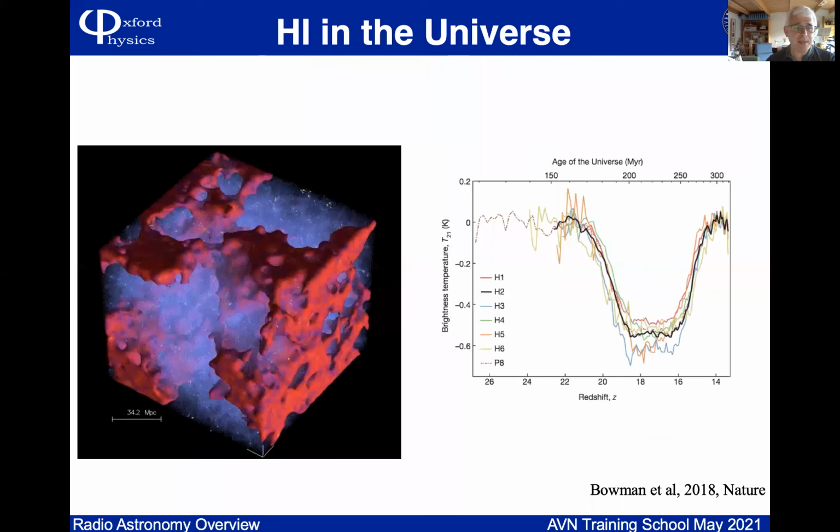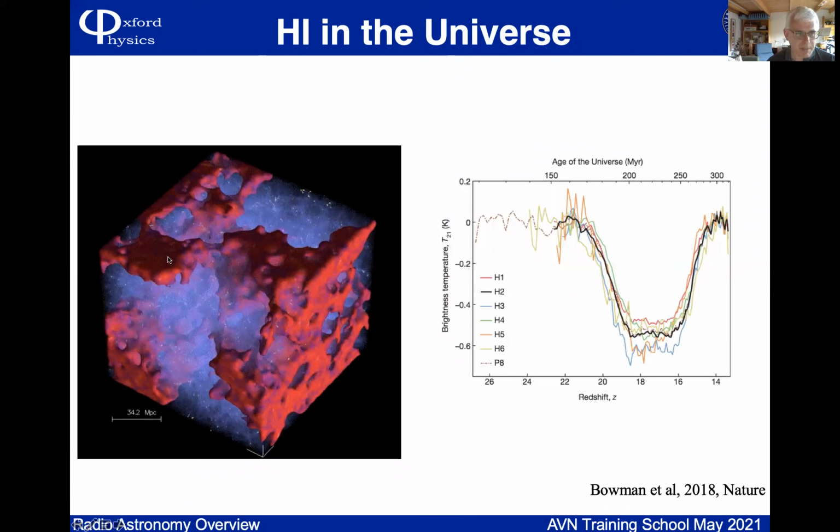And then, as I said, a big goal, mostly a goal for the future, but in principle, you can explore the entire history of the agglomeration of matter in the universe by looking at the redshifted H1 line.